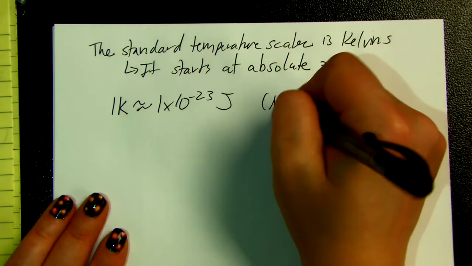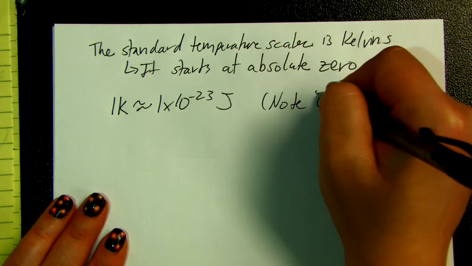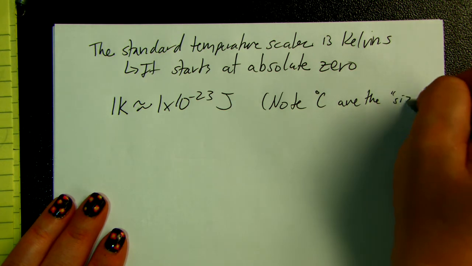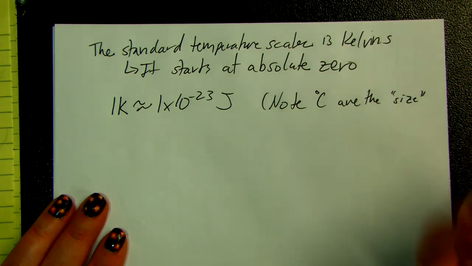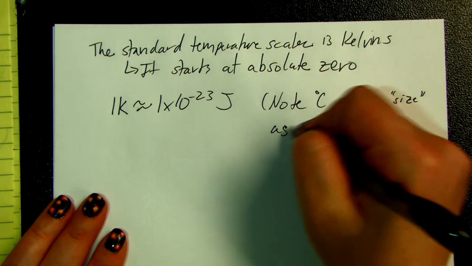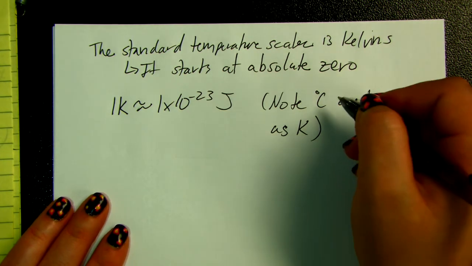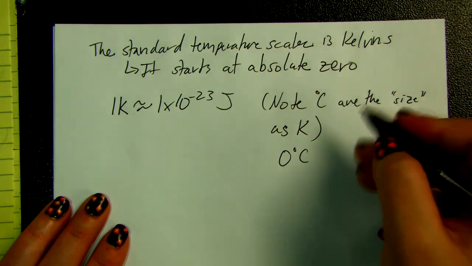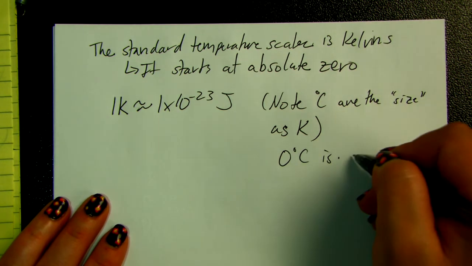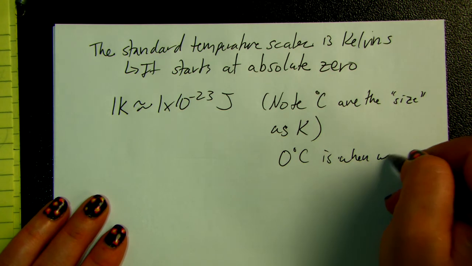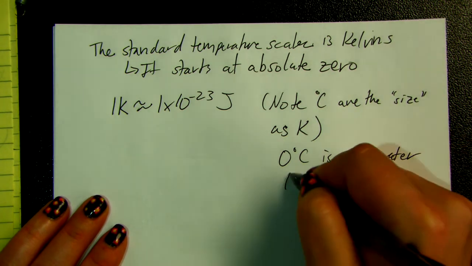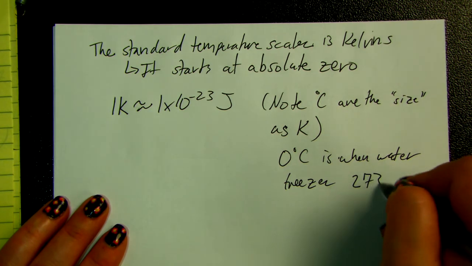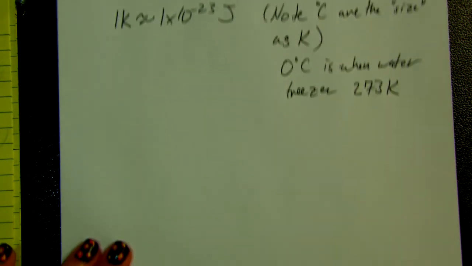Just a note, degrees Celsius are the same size. They have the same quantity as kelvins, but the scale starts at a different point. So 0 Celsius is when water freezes, which I think is 273 Kelvin. Okay.